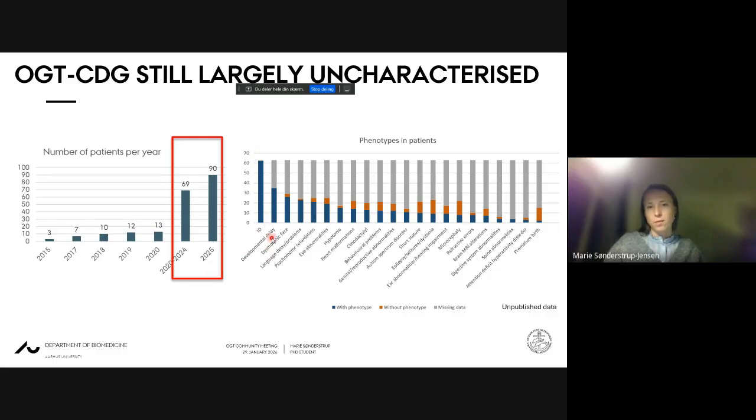And here, this is based on 63 patients. The gray parts of the bars indicate that we don't have data from this number of patients, the orange part is the patient not presenting with a given symptom or phenotype, and the blue parts are when a patient has a certain phenotype.